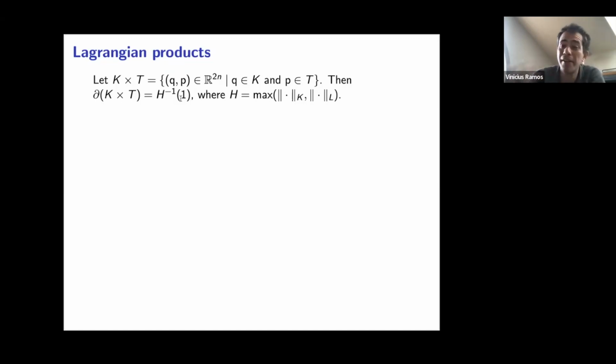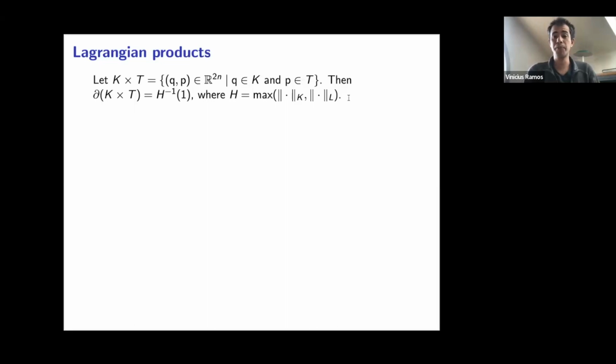But you can even do that when they are not centrally symmetric; let's just suppose that for this calculation. So the boundary will be the pre-image of 1, where H is this function here, the maximum of the two norms. And of course, the boundary here is a manifold with corners.